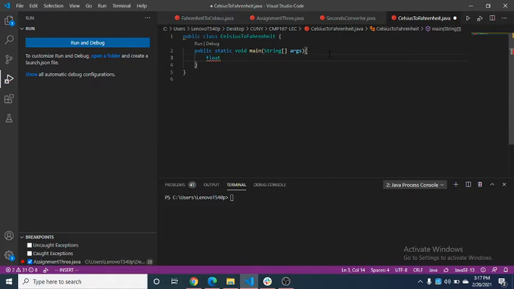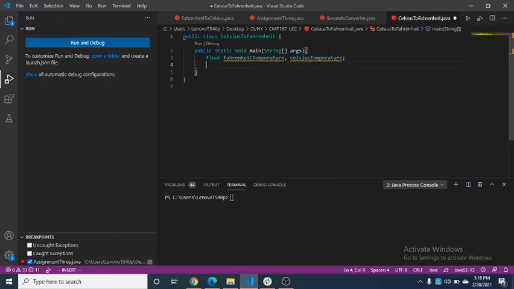Doubles are for like really long decimal numbers. So let's use float. We're going to name this one Fahrenheit temperature, and then another one, Celsius temperature. So two declarations, Fahrenheit temperature and Celsius temperature.